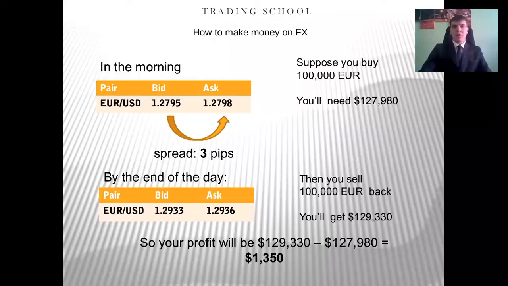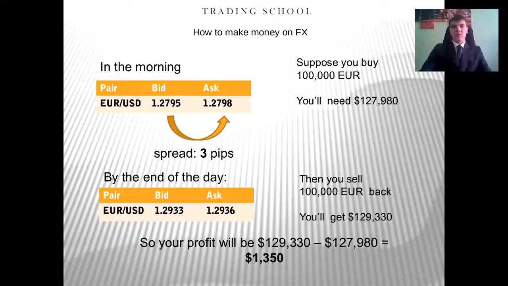Here we see the currency exchange in the morning. The currency exchange rate is a rate at which one currency can be expressed in another. It is always quoted in pairs, like here we see euro over US dollar. Exchange rates, as I said, are based on economic factors. And here we see two prices.